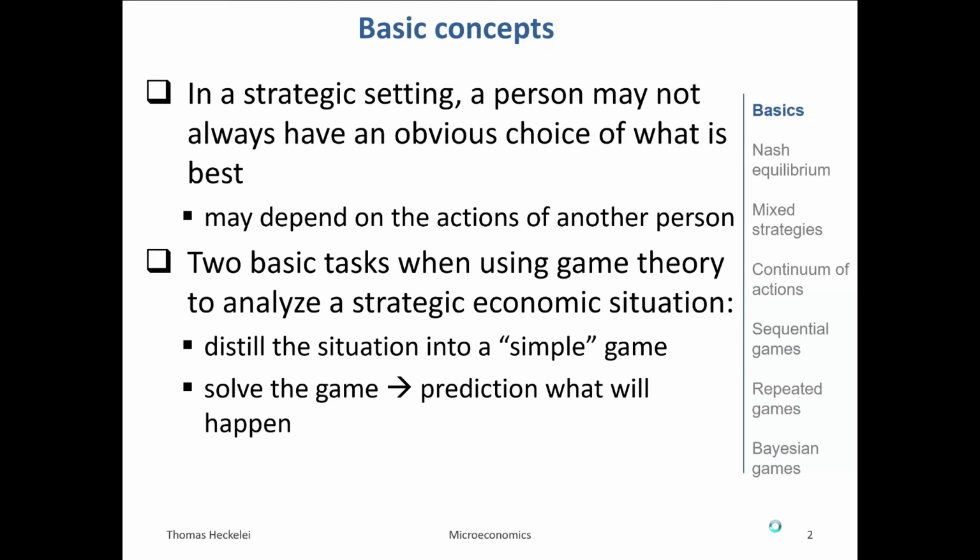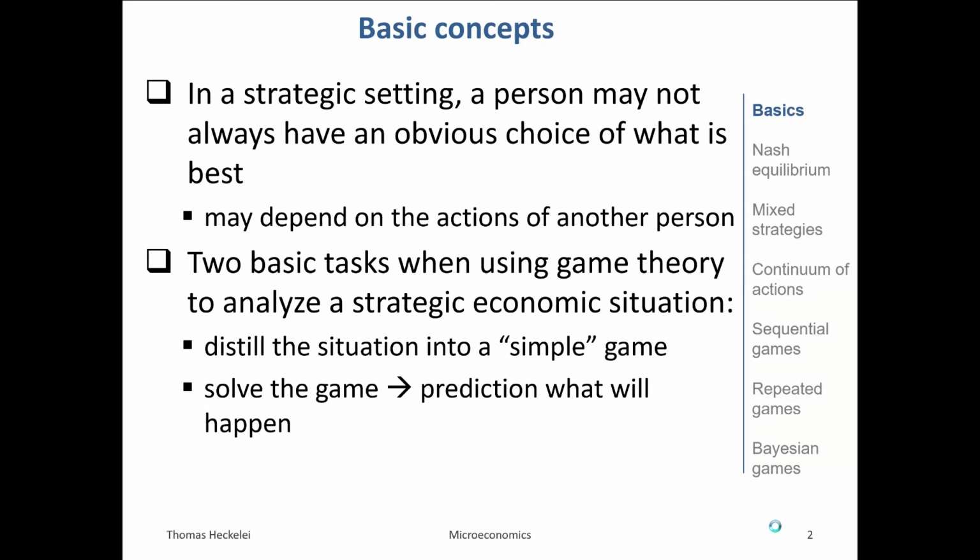So the task of analyzing a strategic situation includes two parts. The first part is to tear down the situation into a simple game or model, with only several main elements and unnecessary details taken out.